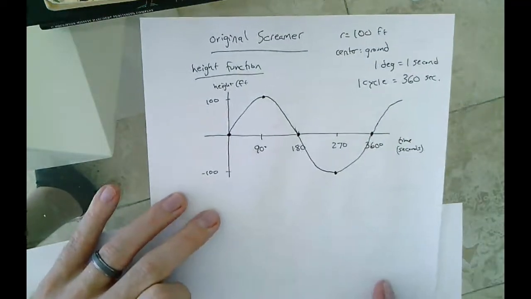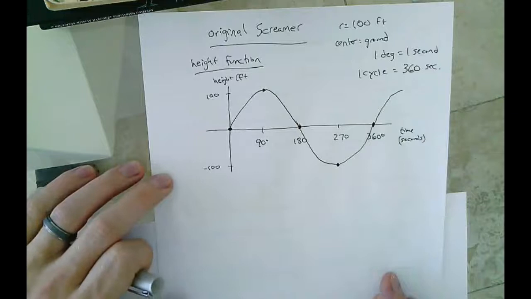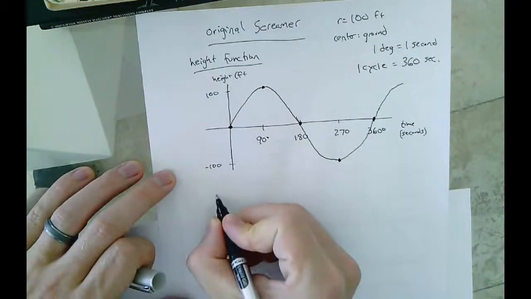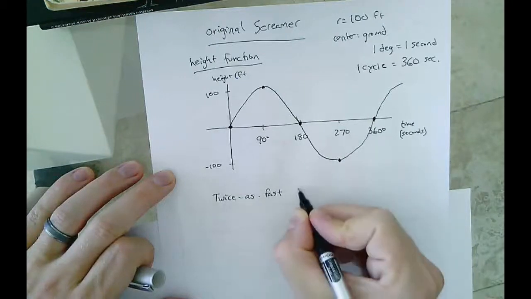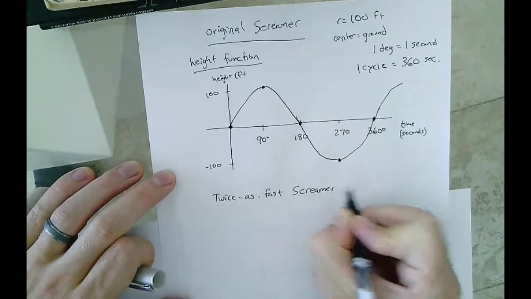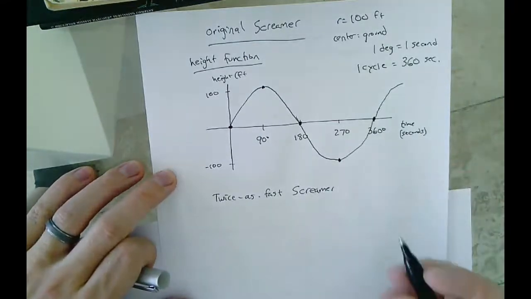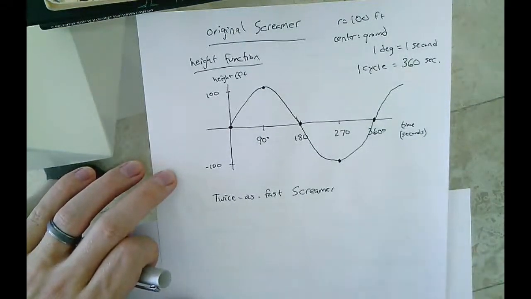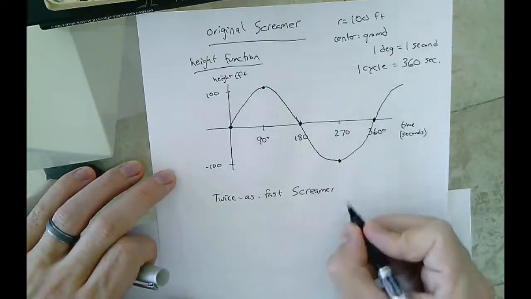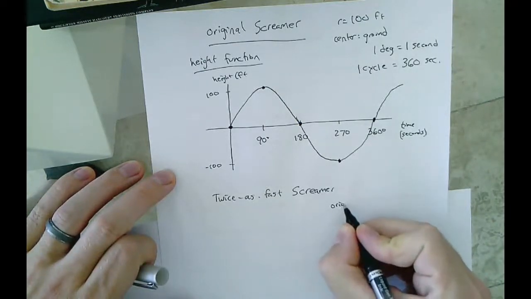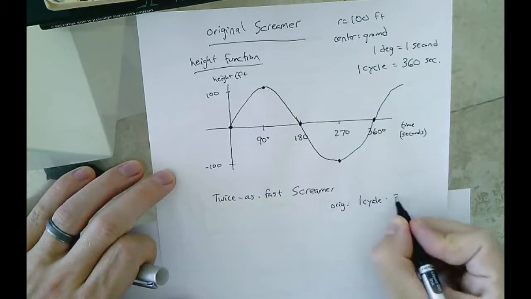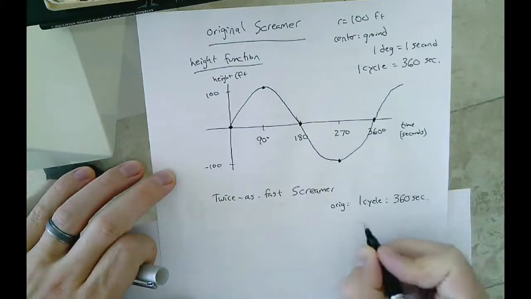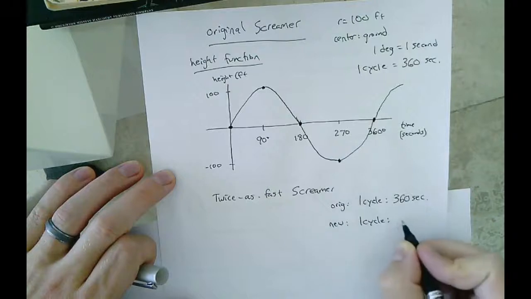Now, today, or on Friday, our question was, our engineers want to build a twice as fast screamer. So instead of taking 360 seconds, they want it to be twice as fast. Your first question that you're going to pause this video for and think on your own is, if our original one cycle, how do you spell cycle, is 360 seconds, for our new twice as fast one, one cycle is going to take how many seconds?